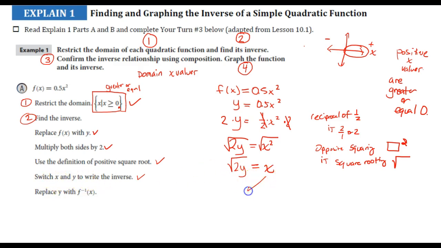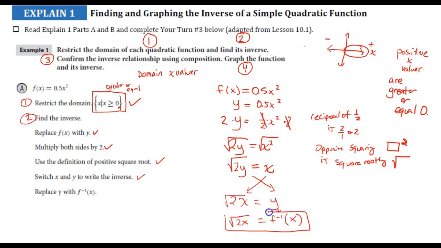So instead of x going here and y going there, much like we did in our warm-up, I'm going to switch places here. And just like it says here, replace y with f inverse x. So instead of that y, I'm going to switch it with f inverse x equals the square root of 2x.